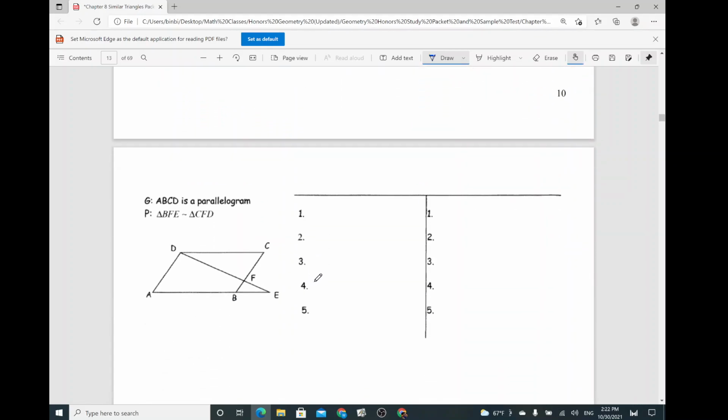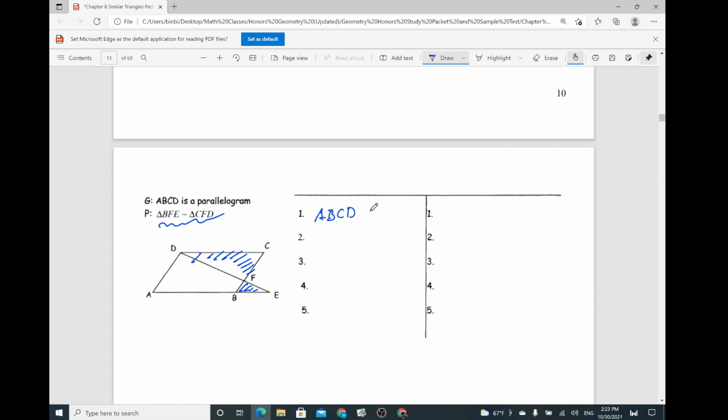Using the angle-angle theorem to prove that triangle BFE is similar to triangle CDF. One thing we notice is that ABCD is a parallelogram.